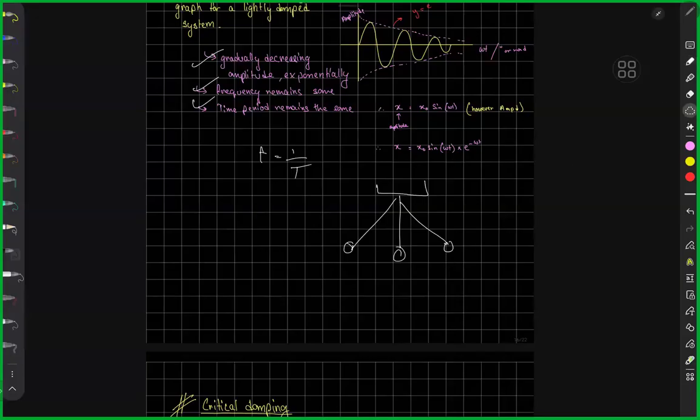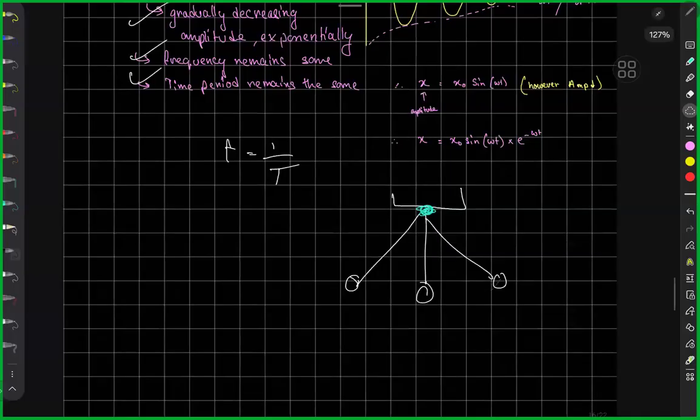Now, in case of critical damping, let's say there is some sort of friction over here, such that even if I displace it by this displacement, let's say 5 meters, and I release it, it will slowly come back to the equilibrium and stop. It won't even go to the left side. It will just very fast come back to the equilibrium position and stop.